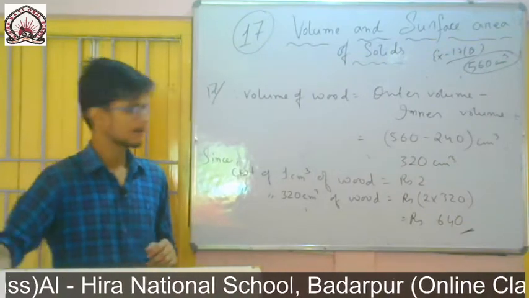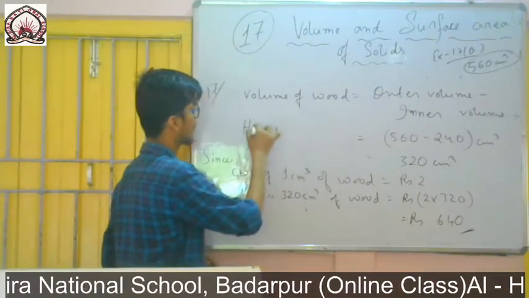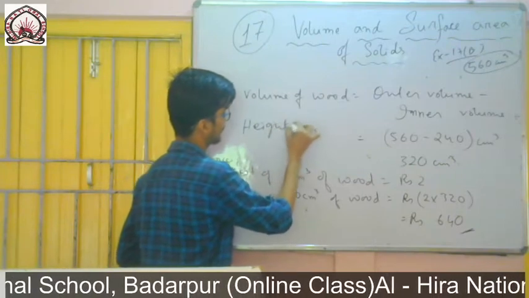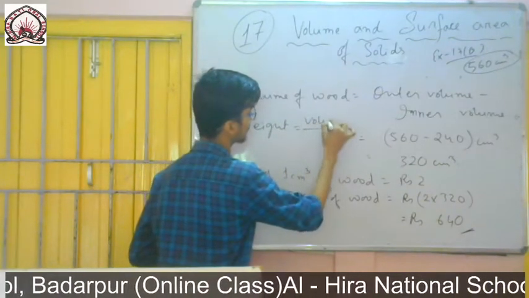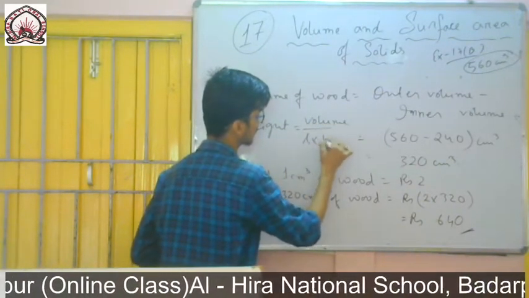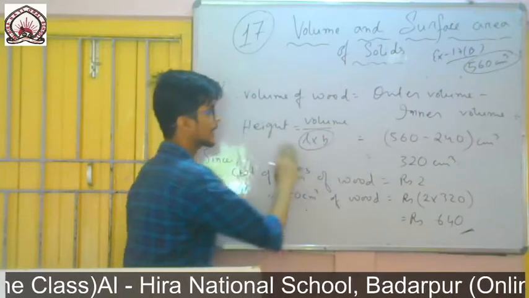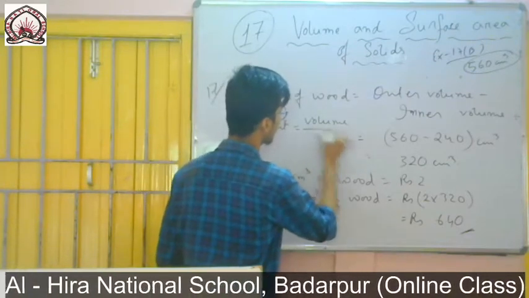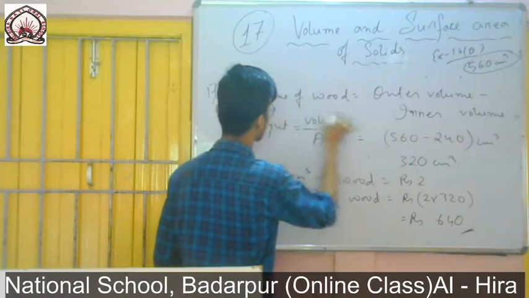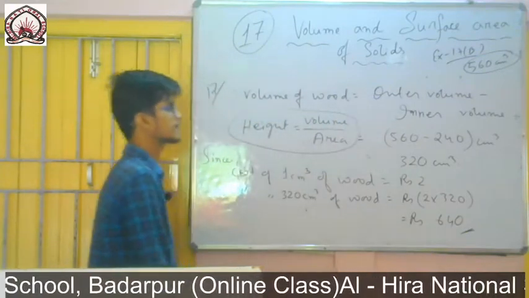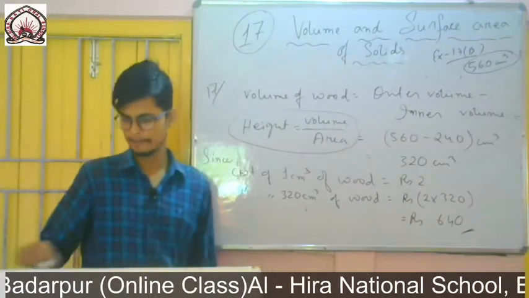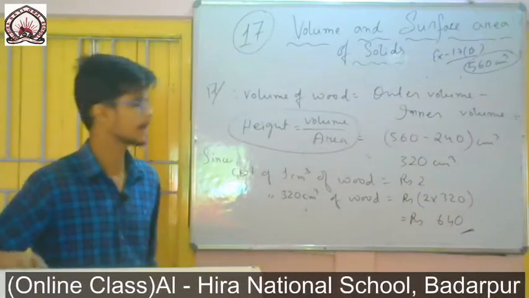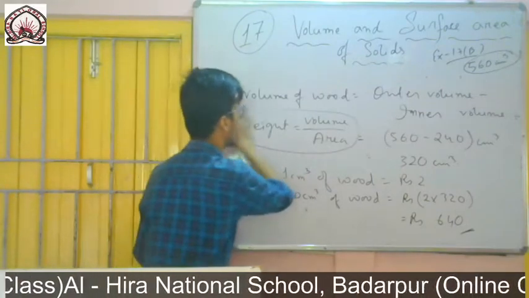And if anyone wants to find the height, the formula is volume by length into breadth. Length into breadth means area, so the formula to find the height is volume by area. So I will use this formula and find the height.